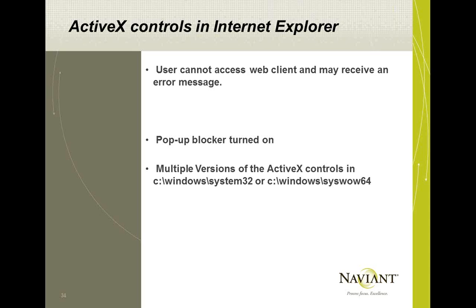It has become less of an issue, but if you have a specific workstation that is having issues, it's very good to go into your System32 directory if you are using a 32-bit operating system, or your SysWOW64 directory if you are using a 64-bit operating system, because that's where the files will be installed. So if you just type in OBX star and look for all those files, those are your ActiveX controls.